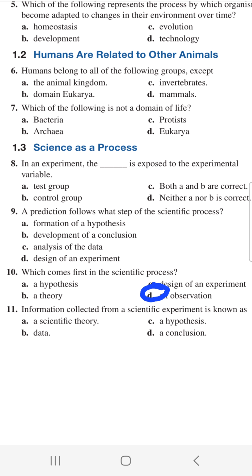Question number 11, information collected from a scientific experiment is known as data. It will become a theory if your results back the data and if it's reviewed by other scientists. Hypothesis is your idea. Conclusion is basically what the result showed.